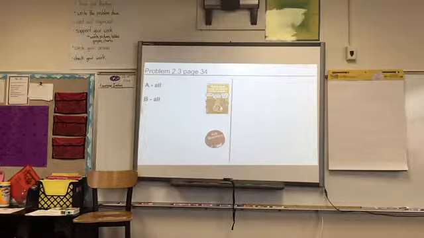So the y-intercept. Let's go back. Go back, Jacob, in your paper, to page 33 in your textbook. So the y-intercept is where it crosses the y-axis.